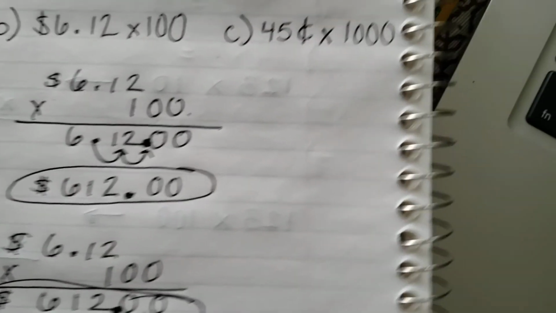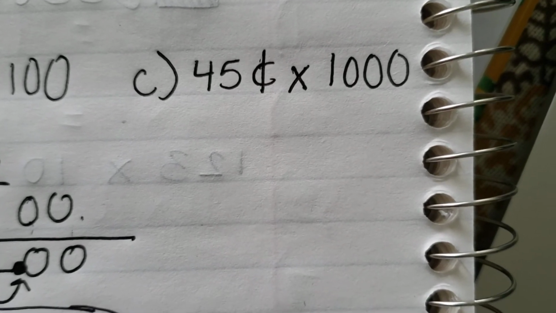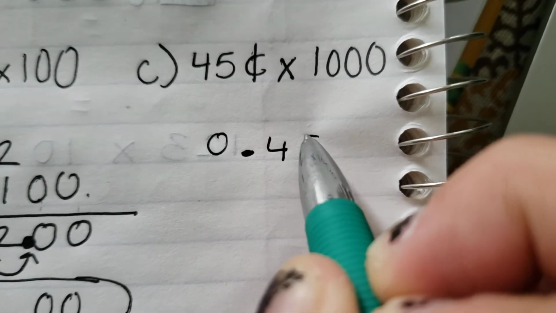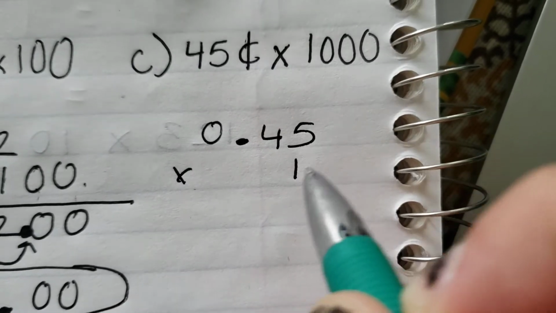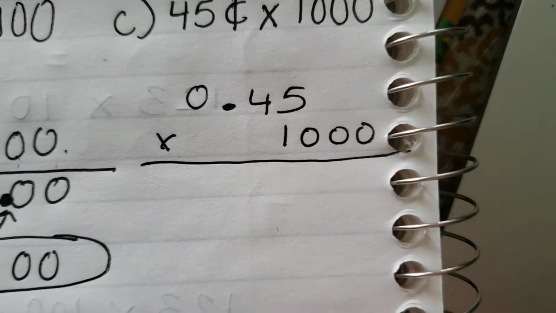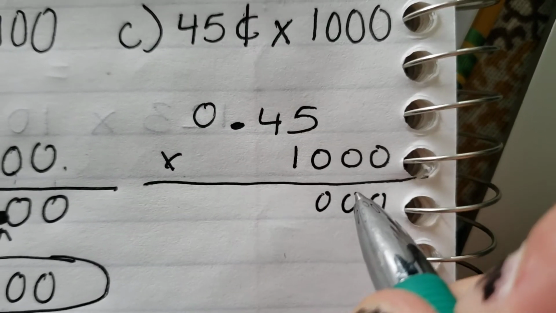Okay? And then one more problem over here. 45 cents times 1,000. Well, 45 cents looks like this. Hide the zeros in the back. I'm going to drop all 3 zeros down. Okay.